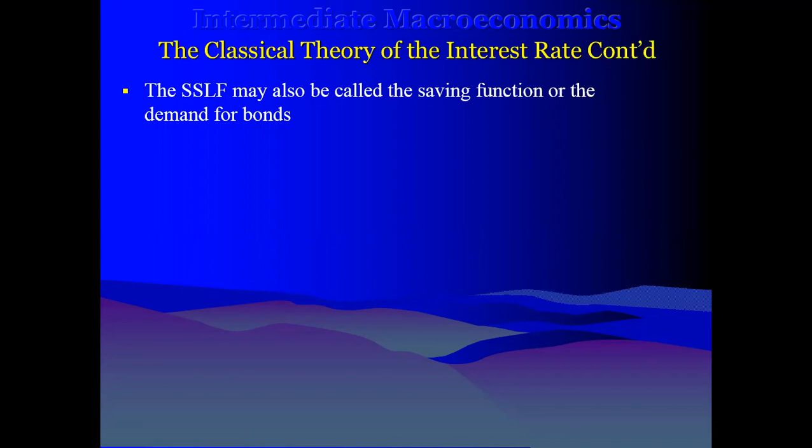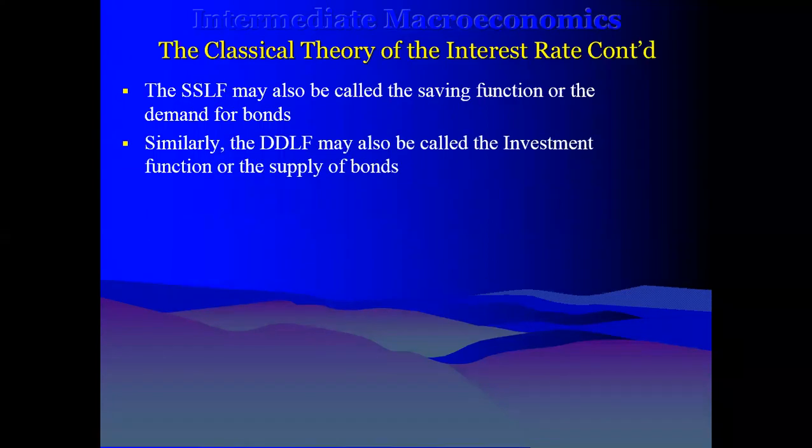In like manner, the demand for loanable funds is taken as the investment function. As I said earlier, we are assuming that economic entities borrow just to invest. So when you are demanding loanable funds, it means that you are going to use the money to invest. So in any question, when you see the investment function, that's the demand for loanable funds function.